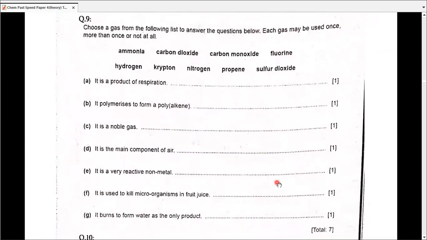Moving on, question number 9. Now you're going to see this rule again and again. Can be chosen once, more than once, or not at all. A pretty common pattern of questions from IGCSE?